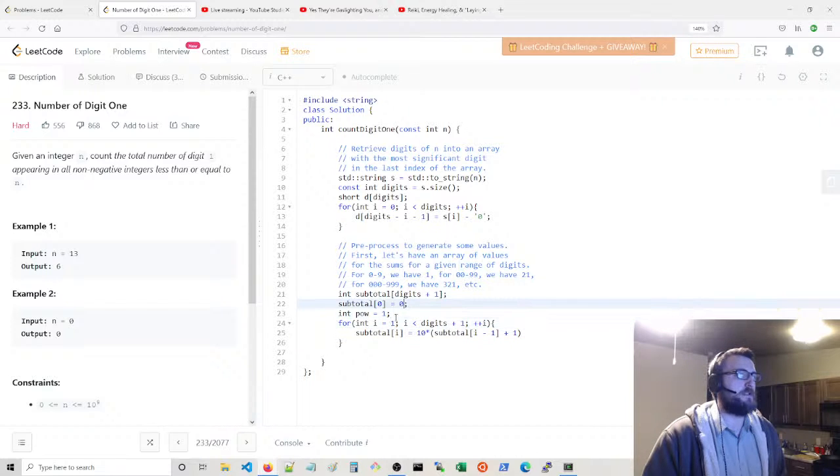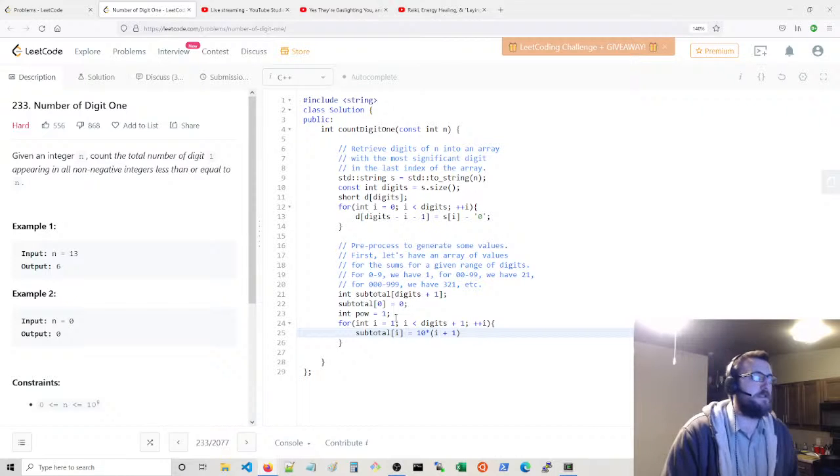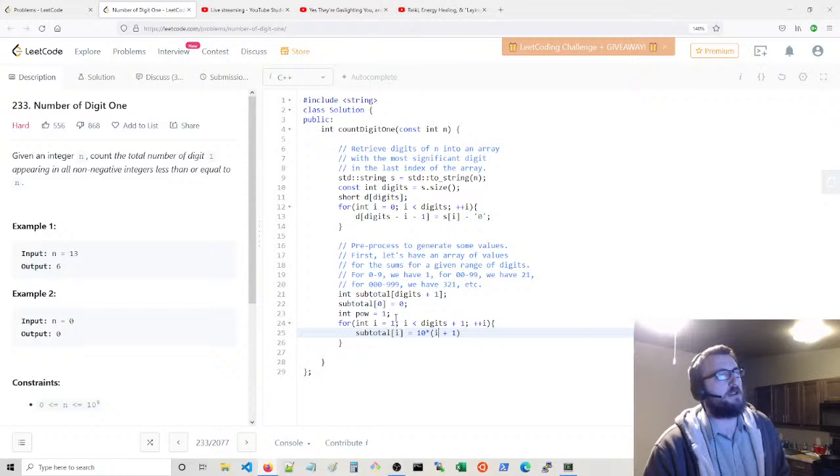It might be easier actually just to say subtotal of 1 equals 1. Add 1 to that value. No, it's not actually. That's not the way to do it. This is fine. We're going to say it's just I plus 1 times 10. So when I is 1, so 1 digit, it's actually I times 10.